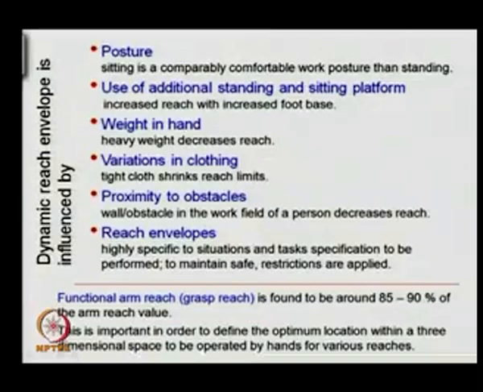Now, the dynamic reach developed is influenced by posture, that is, sitting is a comparatively comfortable work posture than standing. Use of additional standing and sitting platform increases reach by increasing the foot base. Weight in hand: heavy weight decreases the arm reach values.